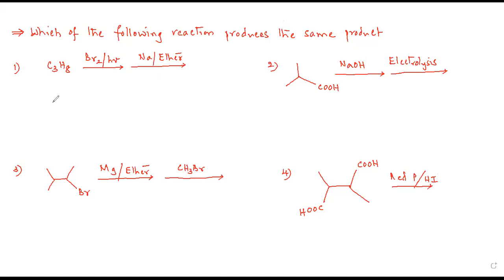Check out the first one. They have given propane, C3H7I. Now, of course, we get two different types of products because we got hydrogens in two different environments. But this one will give us the major product. So let me go for that.